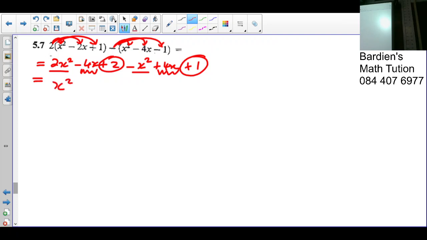X squared. What is negative 4x plus 4x? Cancel. Same size but different signs. So they cancel. 2 plus 1? Any confusion here? No?